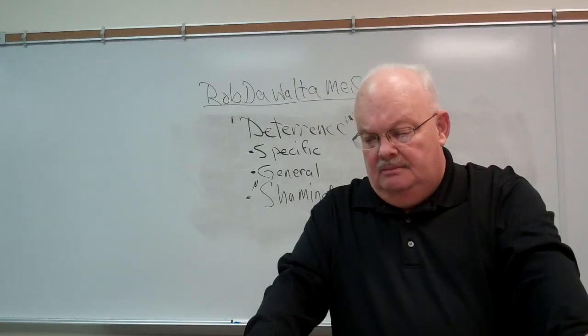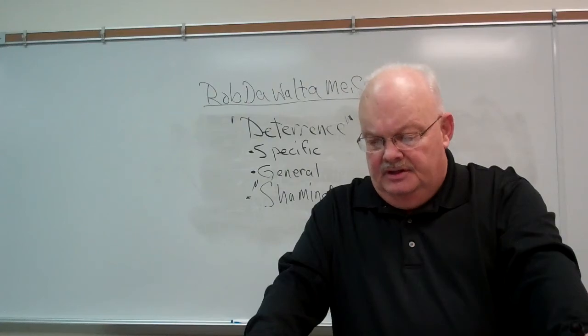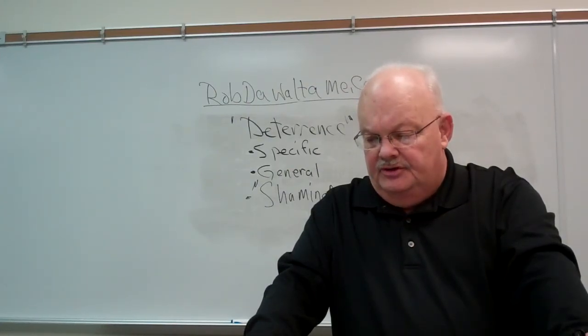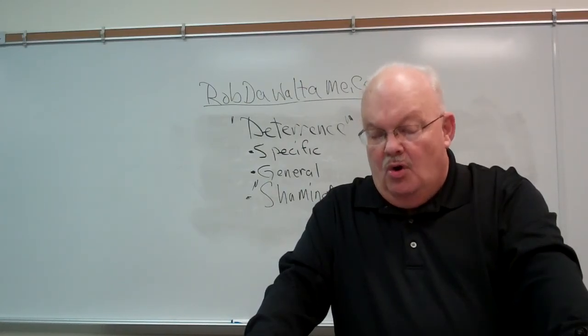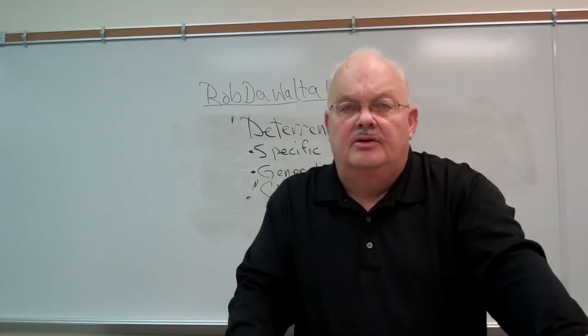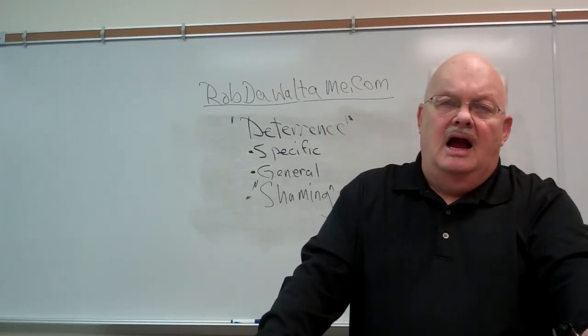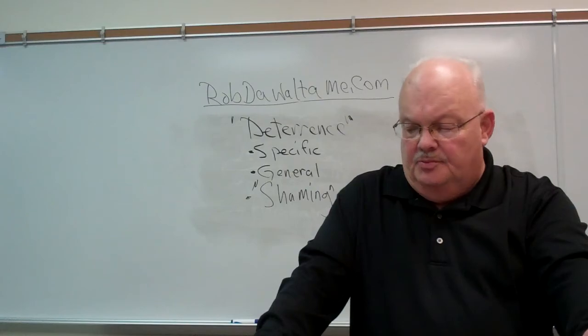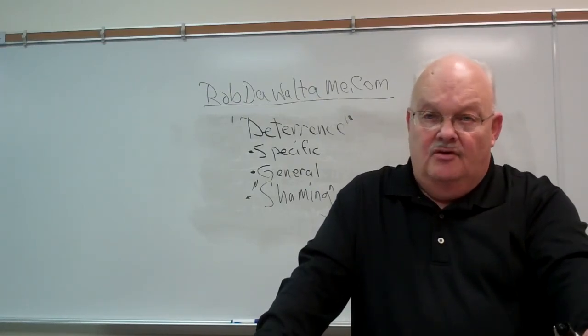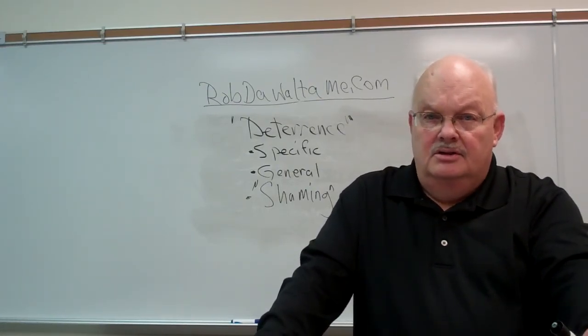And so the thing about deterrence, you see this one, it talks about it being ineffective but still supported. Basically most experts in the field, highly regarded criminal justice experts, think that the death penalty, for example, is not a deterrent to murder.